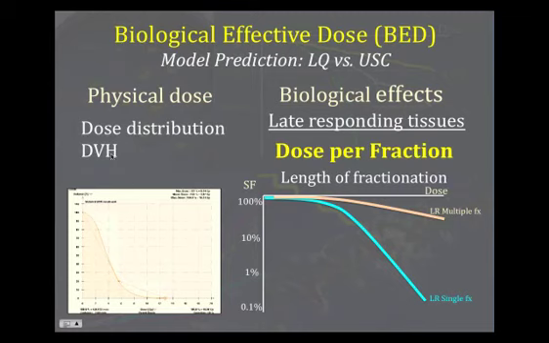We do have very precise information on the physical dose that we actually deliver to the tissue, but the biological effect we don't know. And it's important to notice that for late responding tissues such as the brain, the dose per fraction of radiation is very, very important, even more so than the total length of fractionation. Because of this, that's the gain that we have, as I already discussed with you before.